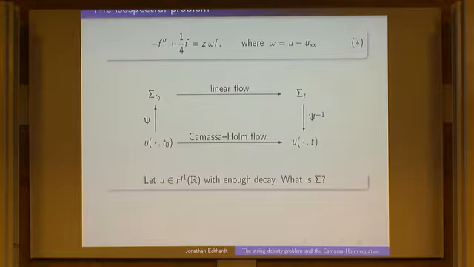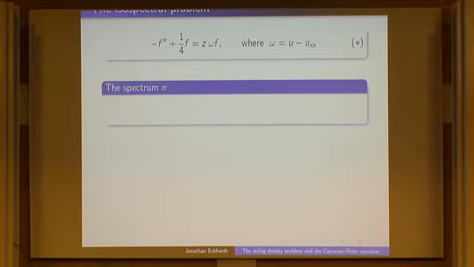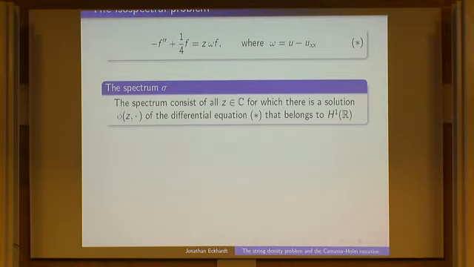So what is this set sigma? First of all, it contains the spectrum. And the spectrum is simply defined as all the complex numbers for which you have a solution of this equation that's in H1.